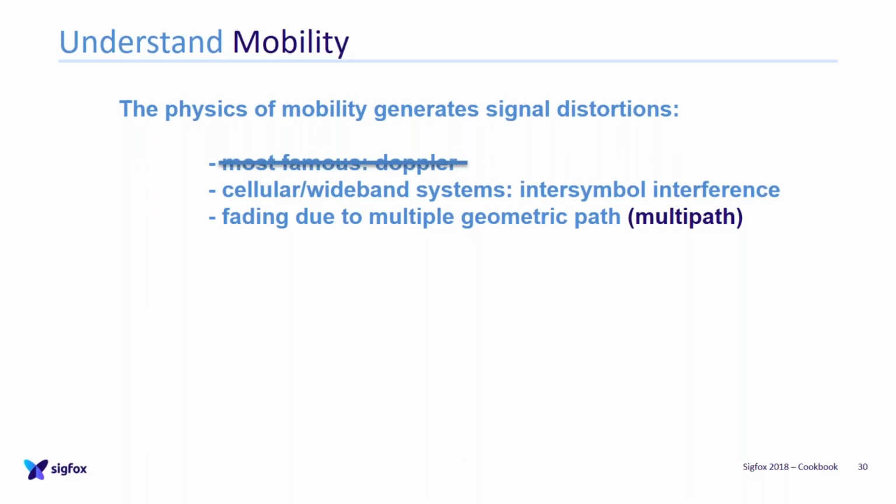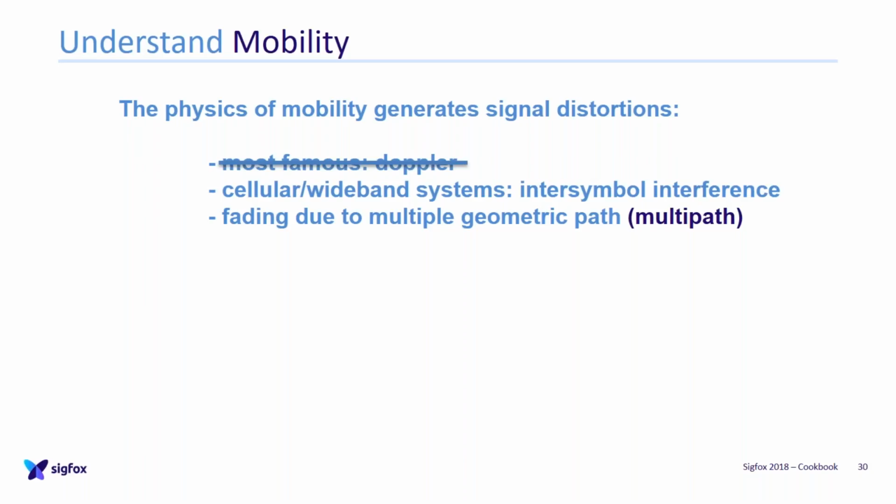There's impact for cellular phones because cellular phones have to maintain synchronization. So when they move, synchronization flies away, so they have to compensate, but we don't have that problem. There's a second problem that has appeared with wideband systems, cellular or military wideband systems: when the symbol rate is extremely high, in mobility there starts to be inter-symbol interference.